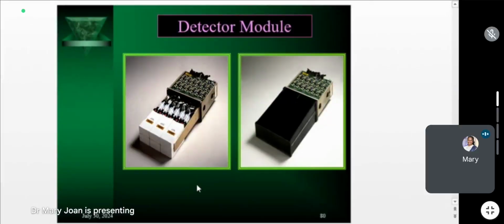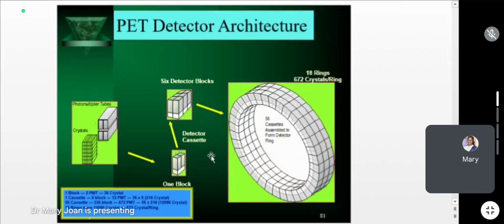This is another picture of a detector module. Crystals are there, photomultiplier tubes are there, electronic circuitry is there. So this is the architecture of the PET detector.